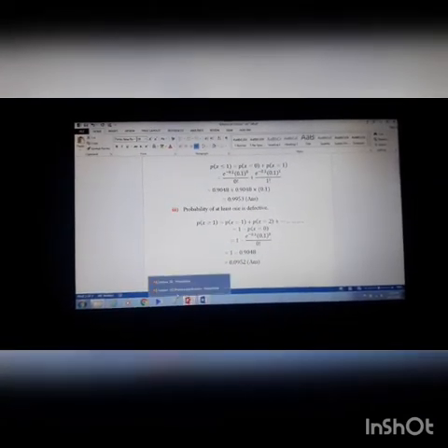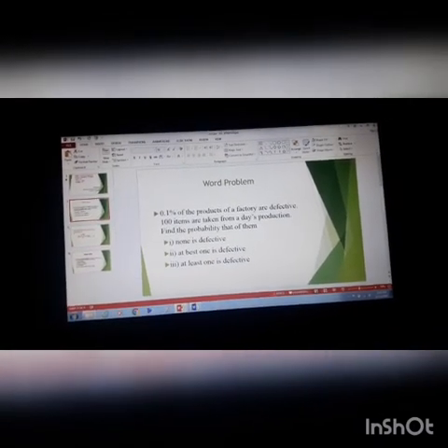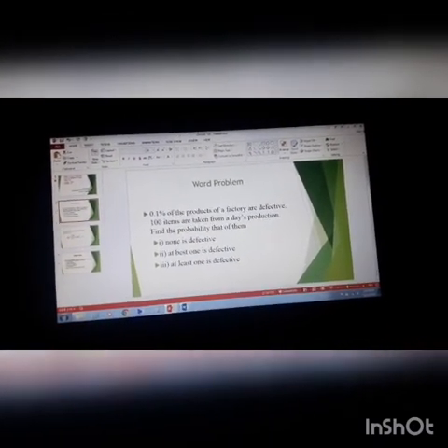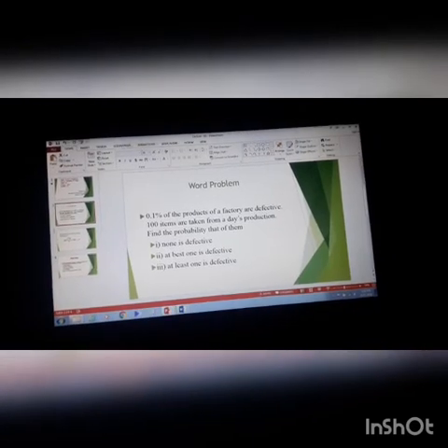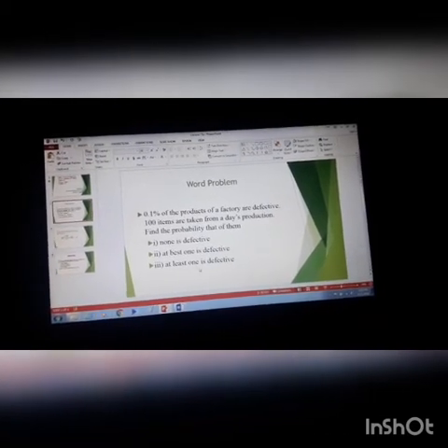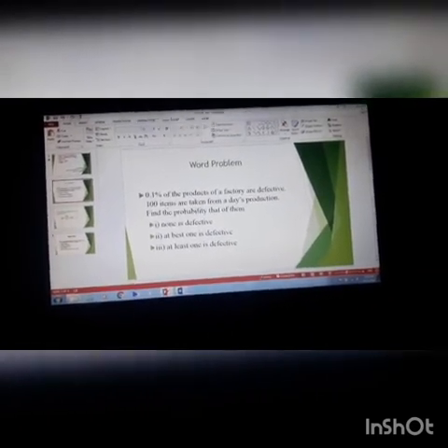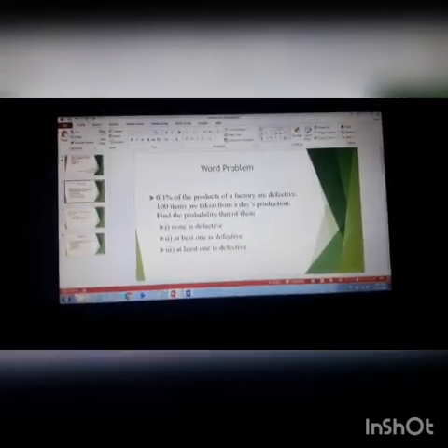This is the complete solution of the given problem: find the probability that none is defective, at best one is defective, and at least one is defective. In this way you have to solve the problem.